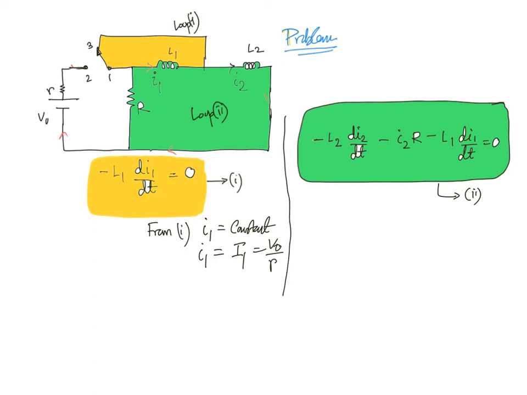And from equation 2, obviously this term will cancel, this term will be 0. So minus L2 dI2 by dt minus I2 R is equal to 0.